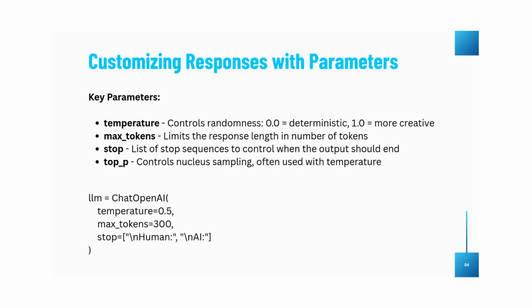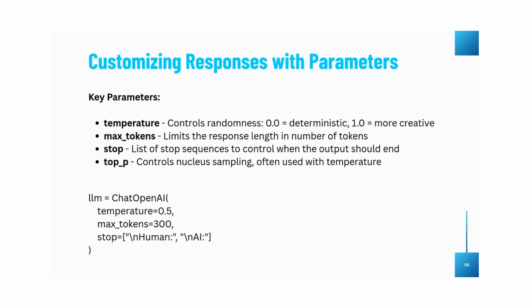So you can tune your AI to behave exactly how you want. Let's dive right in. Different applications need different kinds of outputs. For example, a story generator may need creative, longer responses. A financial report analyzer should be short, concise, and deterministic.